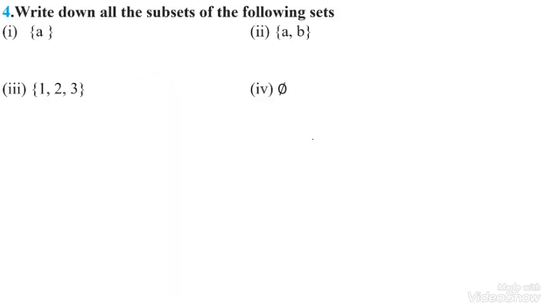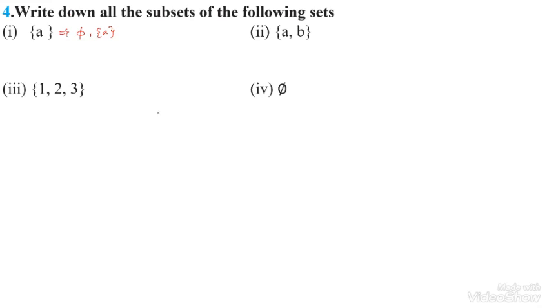Okay, now let us move on to the next question. Write down all the subsets of the following set. Here there is only one element, that's why the subsets are: one is phi or the empty set, another one is the same element. Only two subsets are there.